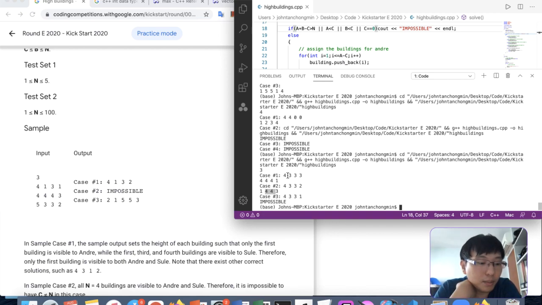A plus B minus C. A plus B minus C is 3 plus 3 minus 3, which is 3. Okay, think about it: 3 on this side, 3 on the other side.